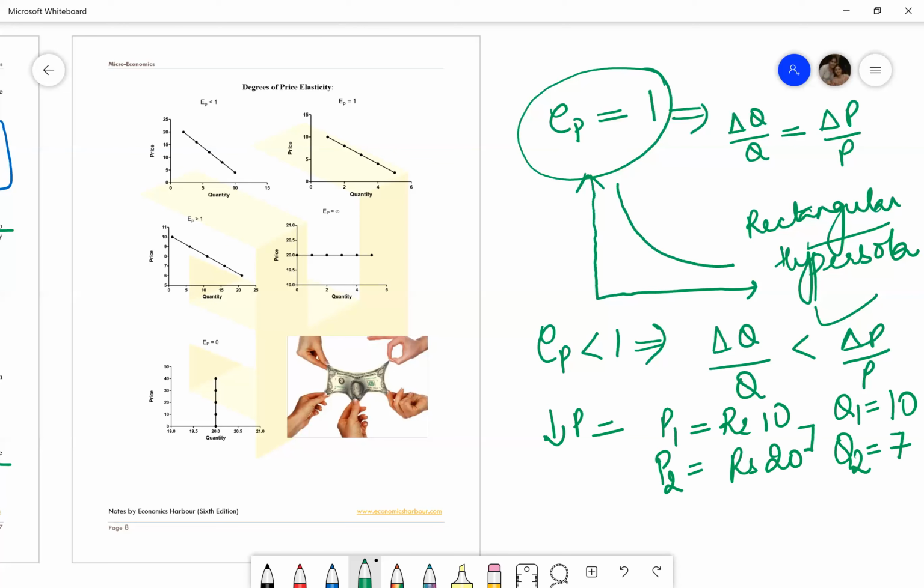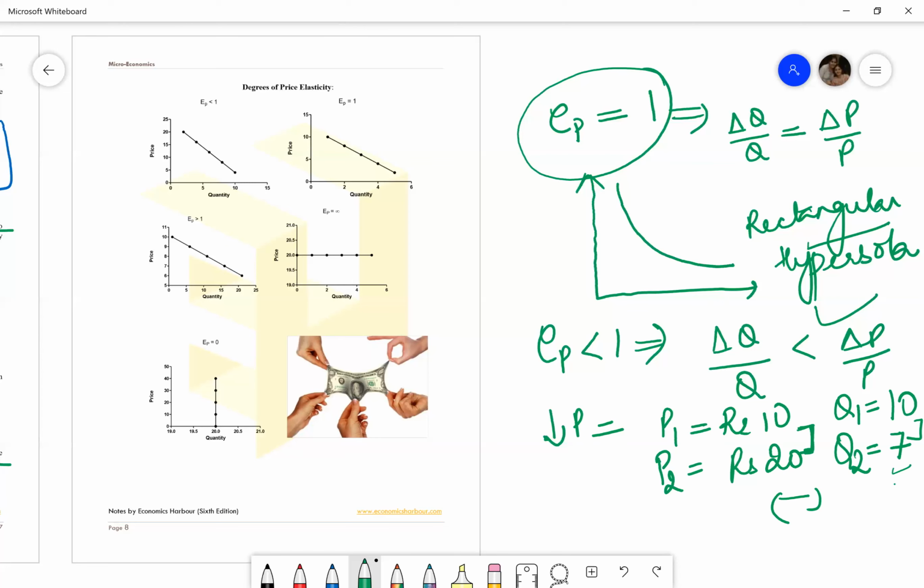So even though the price has doubled, the quantity has not halved. If elasticity had been equal to 1, the new quantity demanded would have been 5, but it is 7. Even though the relationship is inverse, there is still quantity demanded.